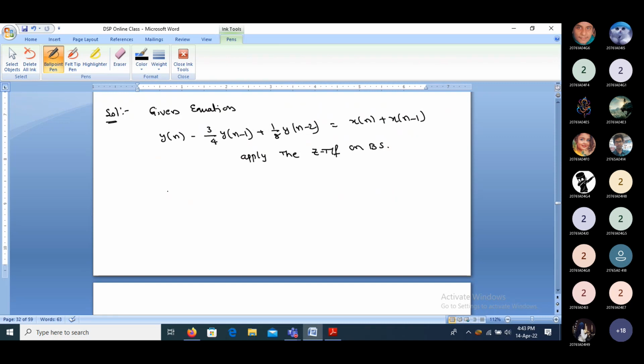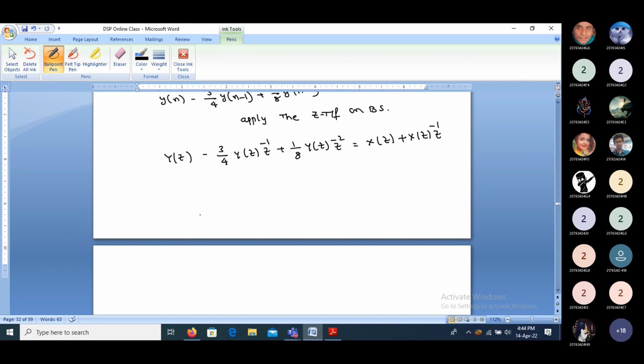So after applying the Z-transformation on both sides, Y(n) becomes Y(z) minus 3/4 into Y(z) into z inverse plus 1/8 into Y(z) into z to the power minus 2, is equal to X(z) plus X(z) into z to the power minus 1.